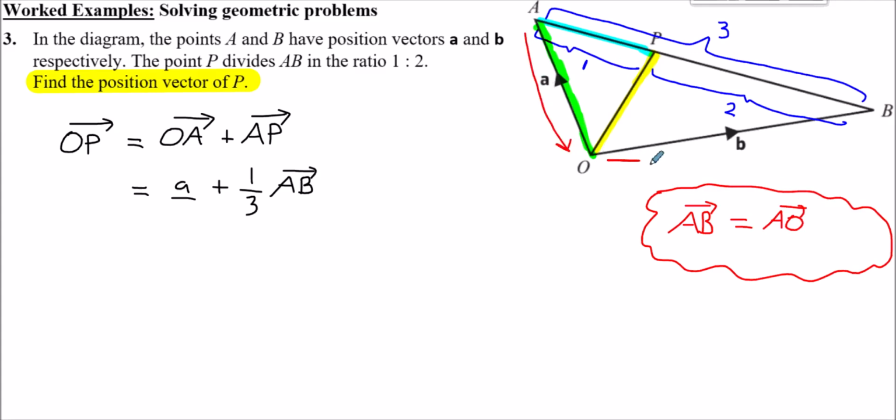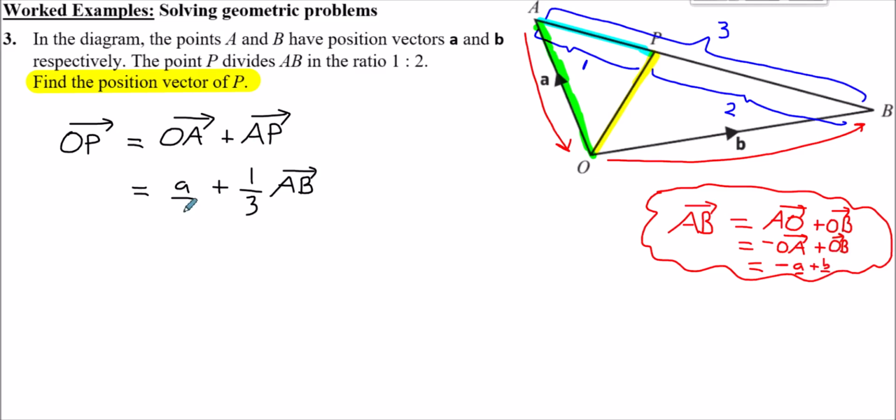When we get to O, we could go from O to B. And so from A to O, because that's the opposite direction from O to A, that's the same as minus OA, then plus OB. We can now give this in terms of the vectors A and B. So minus OA is minus A, and OB is just plus B.